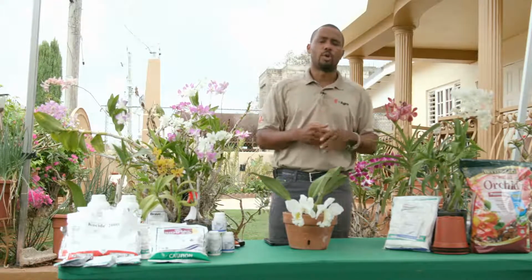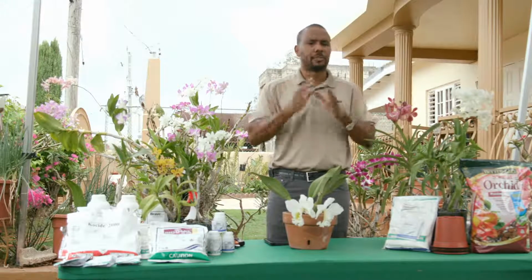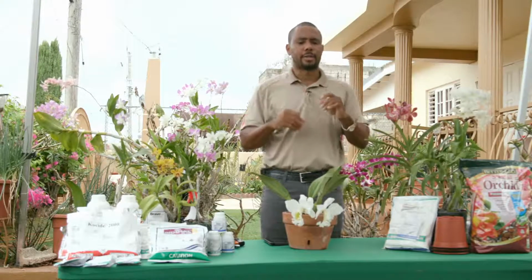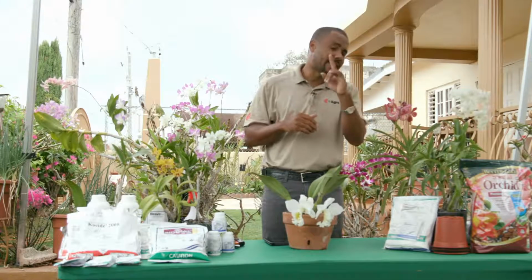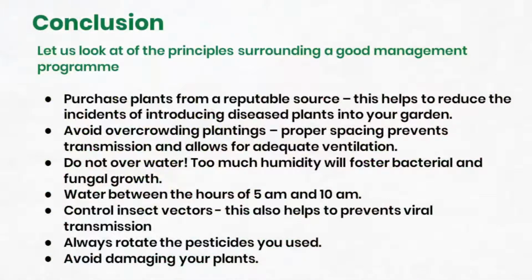Good? Now, what we're going to focus on is the principles surrounding a good orchid management program. As I highlighted early on, one, purchase plants from a reputable source, very important. Avoid overcrowding, thus spacing becomes very important. Do not overwater.